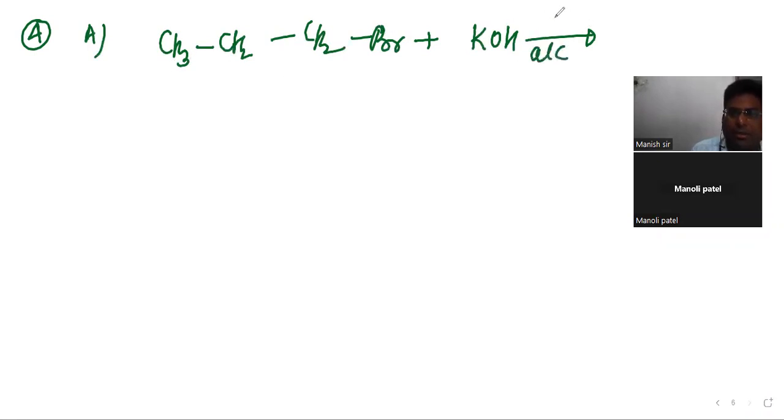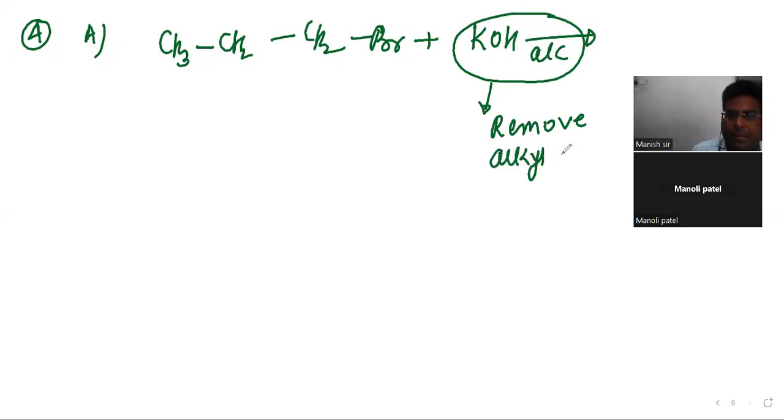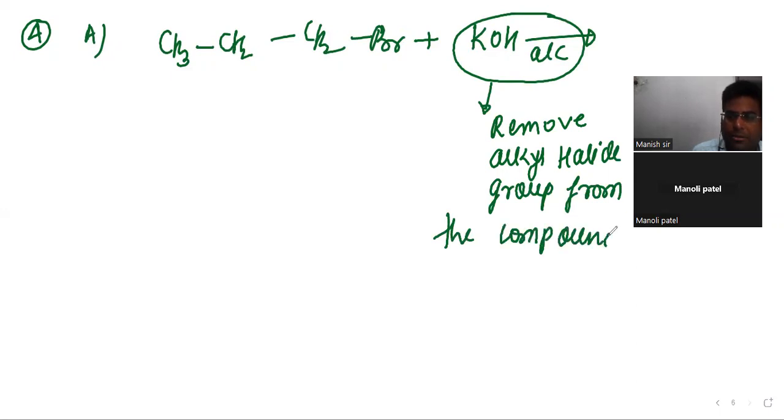What it does is remove the alkyl halide group from the compound. See here, alkyl halide means RX, R for alkyl, X for halides. So it can be like CH3Br or RX.